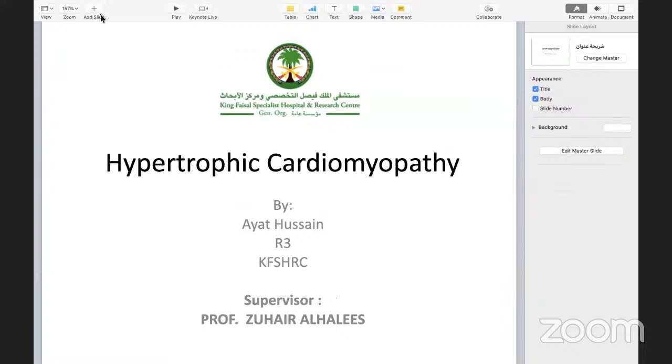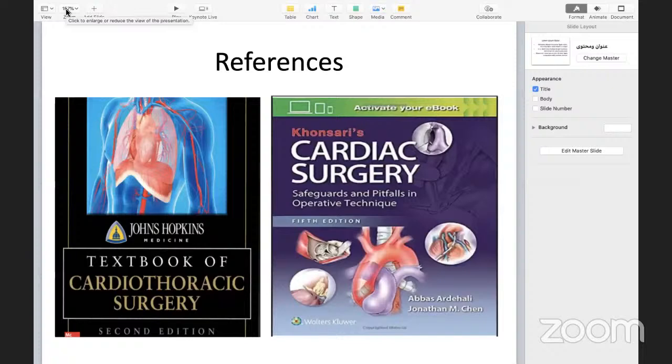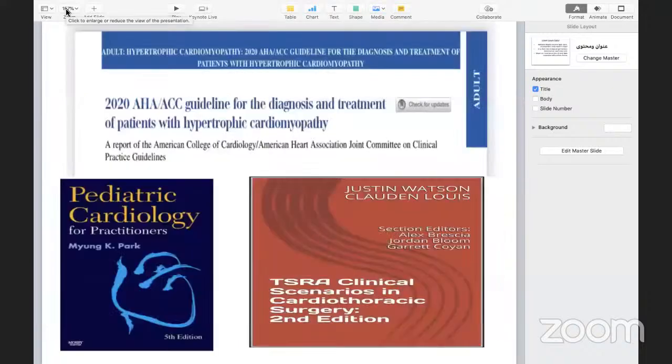So these are my references: Johns Hopkins and Consari for some surgical pitfalls, and also some echo findings from pediatric cardiology booklets, also TESTRA clinical scenarios, and the AHA 2020 guidelines.